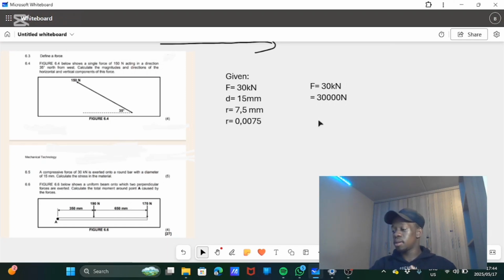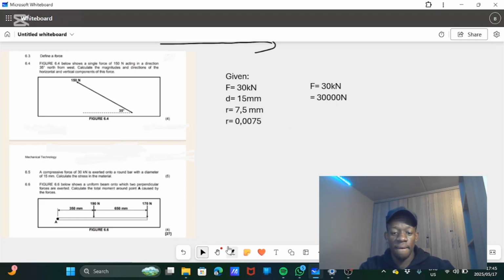Okay, let's begin with the calculations. Here we calculate stress. Stress is the same, so nothing has changed. We have our radius, we have our force. What more do we need? Okay, we just calculate.